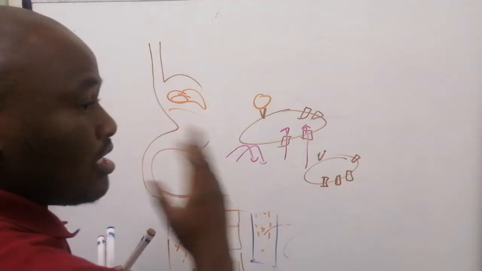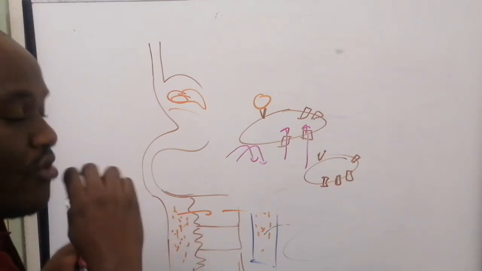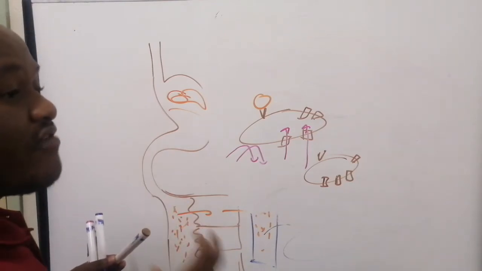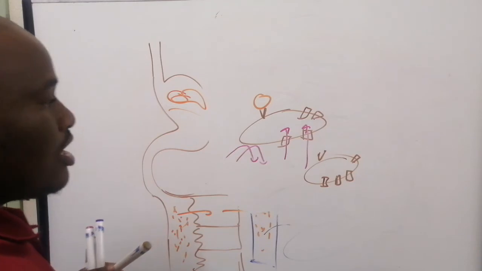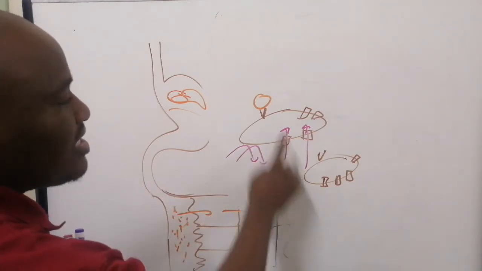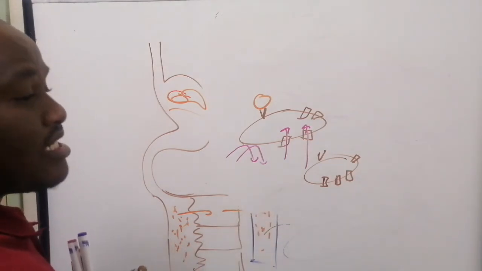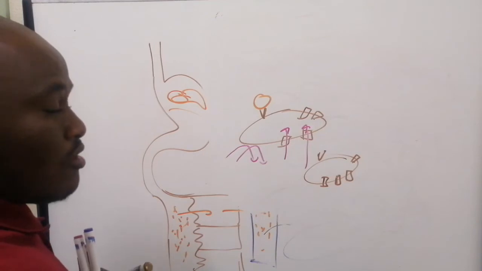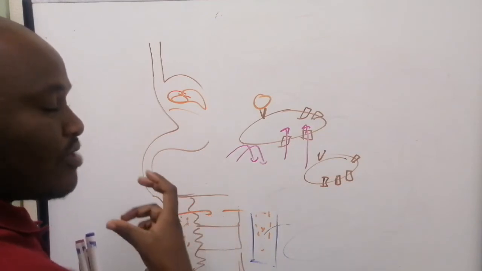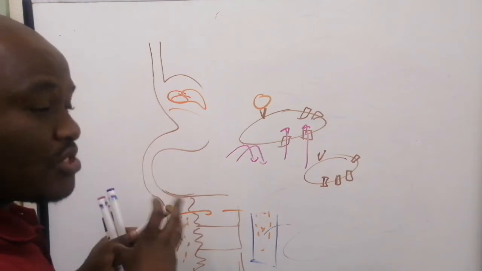So in this case, during exercise, GLUT4 expression occurs without the presence of insulin, right? So now when you exercise, you are able to drop your blood sugar without the presence of insulin. That's the beauty. That's why we advise patients to exercise, because you are able to take in glucose in the absence of insulin.